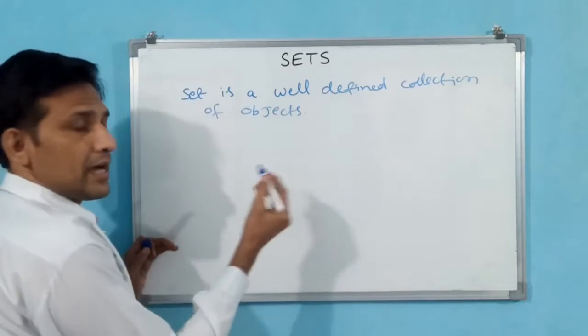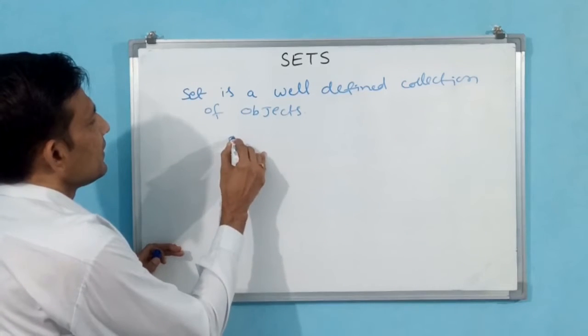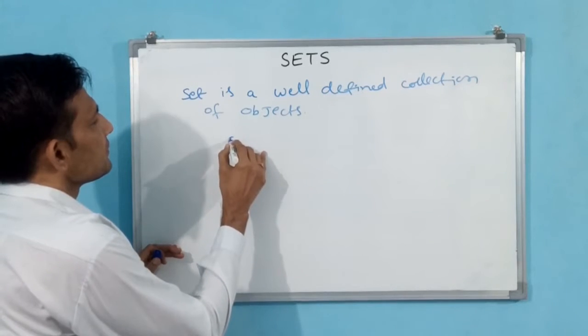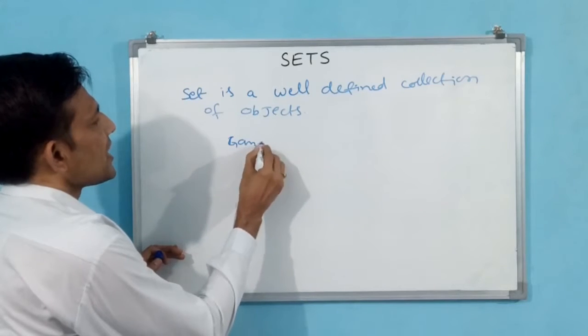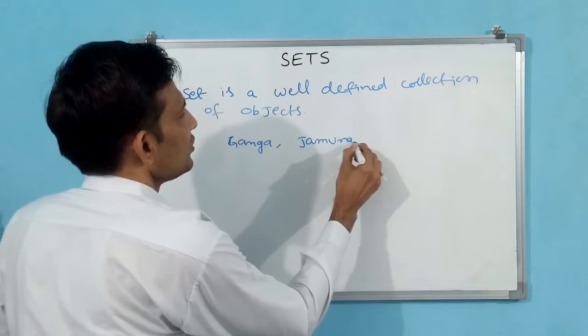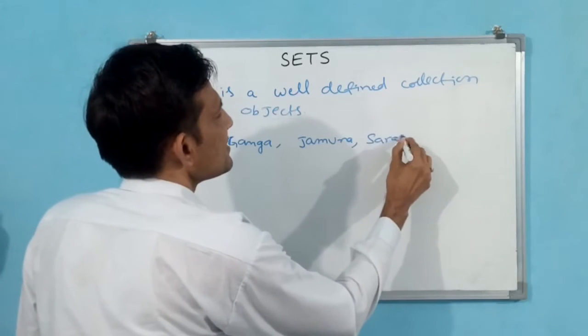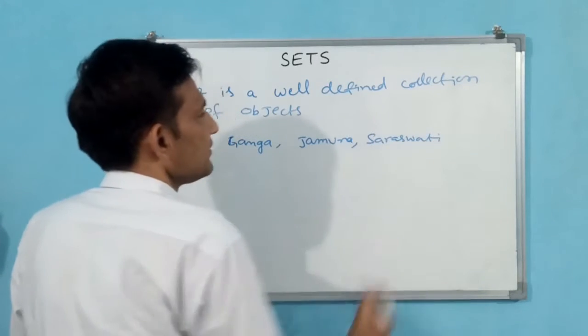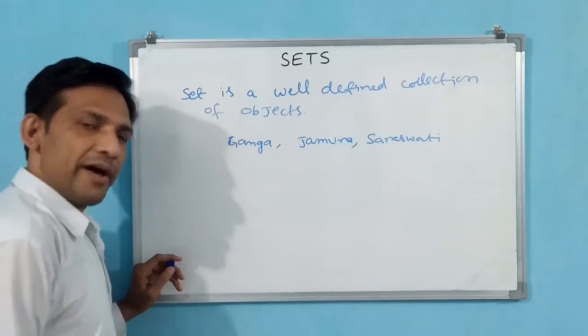Here I am writing Ganga, Jamuna, Saraswati. These are a collection of rivers.